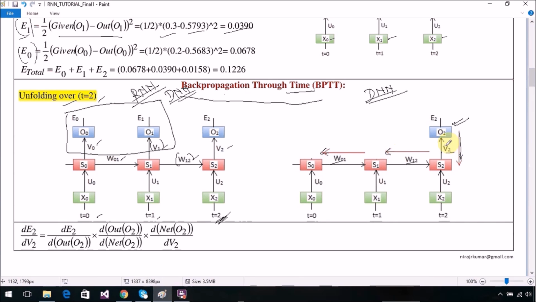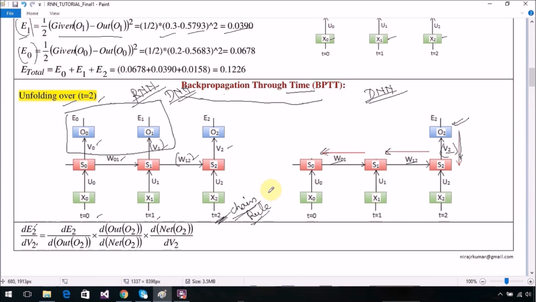So to calculate the partial derivative of E2 with respect to V2, we take the differentiation of E2 with respect to V2. Now here all the differentiation will follow a chain rule.